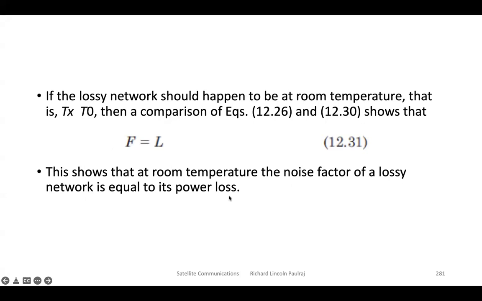So you look for it in the question, and if it says it's at room temperature, then your formula becomes as simple as F equal to L. This happens only when we are operating at room temperature. If it's not at room temperature, then you have various challenges and you'll have to use different formulas.